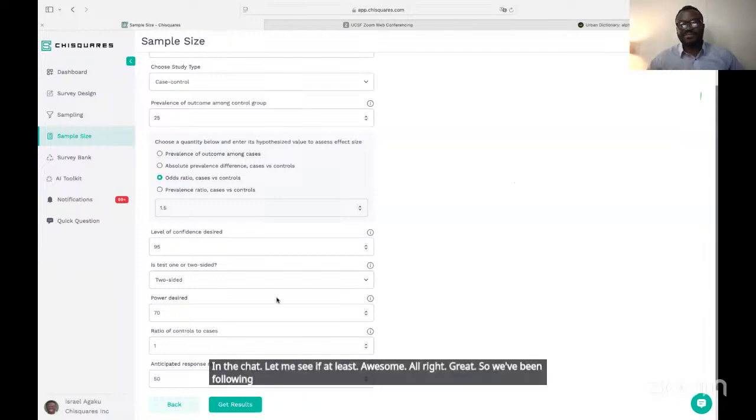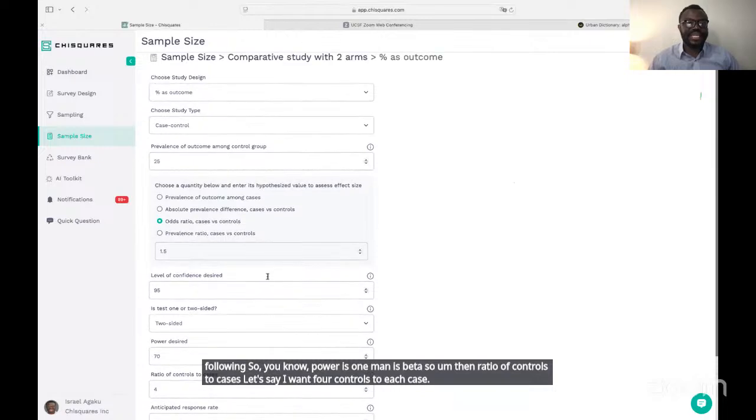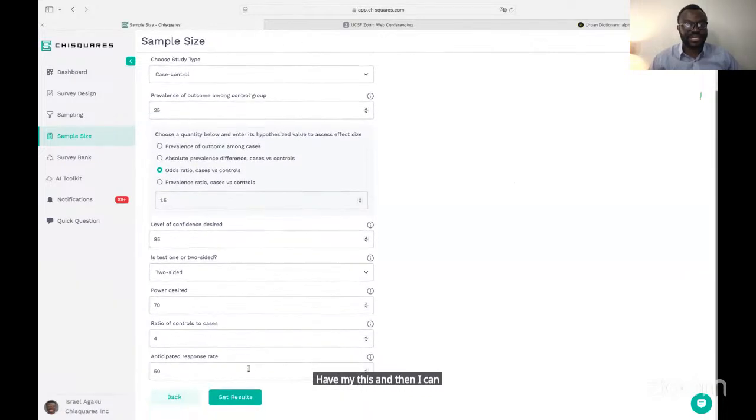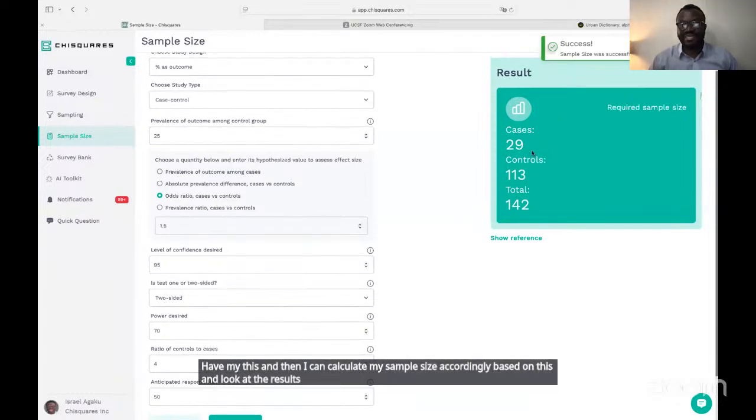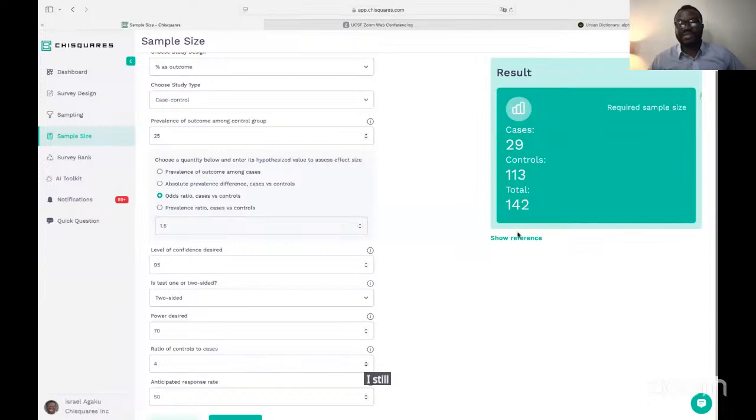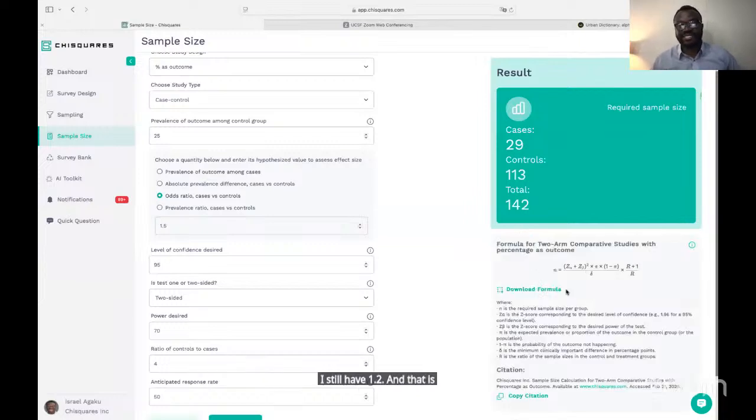So power is 1 minus beta. So then the ratio of controls to cases. Let's say I want 4 controls to each case. I have my this, and then I can calculate my sample size accordingly based on this and look at the results. So now I know that I need 29 cases and 113 controls, or a total of 142, and that is a reference for the sample size calculation.